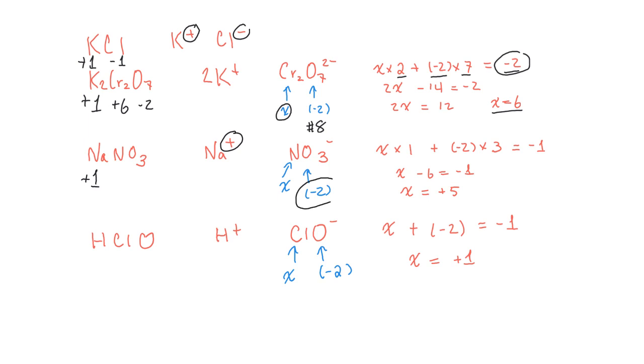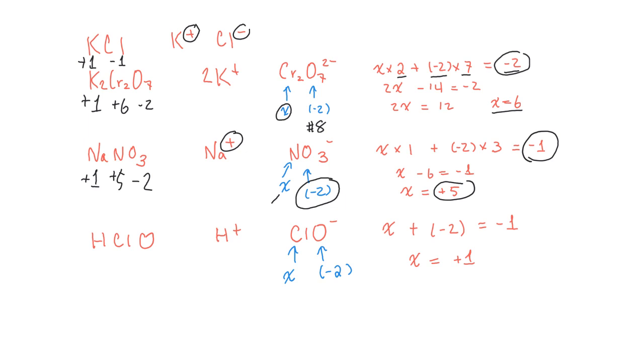In that case, that is -2. And to determine the oxidation number of nitrogen, we put it as X. Then if we add all the oxidation numbers together, it will become the charge of the nitrate anion, which is -1. And if you solve for X, you will get +5 oxidation number for nitrogen. So therefore, the oxidation number for oxygen is -2, and the oxidation number for nitrogen is +5.